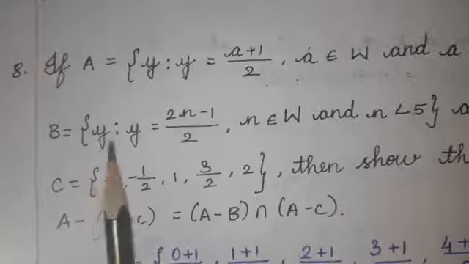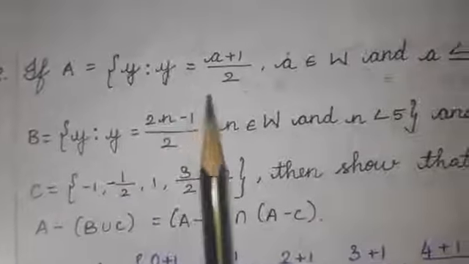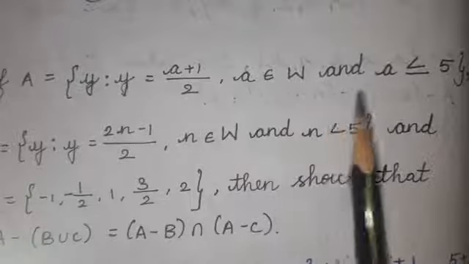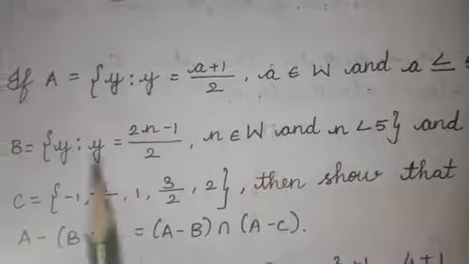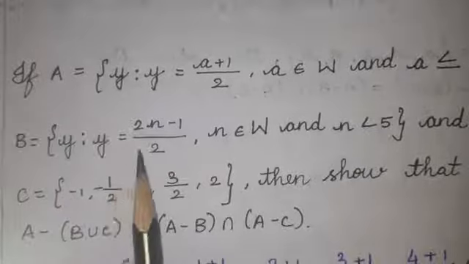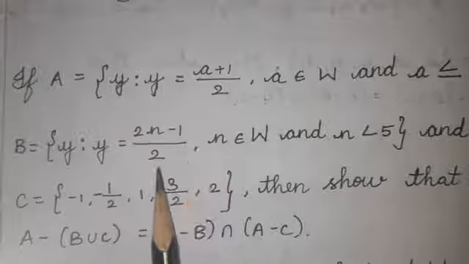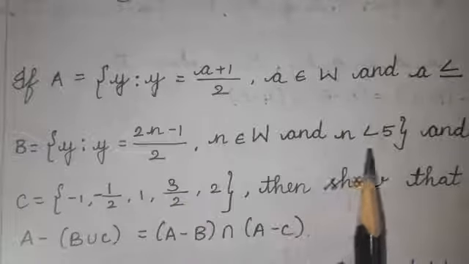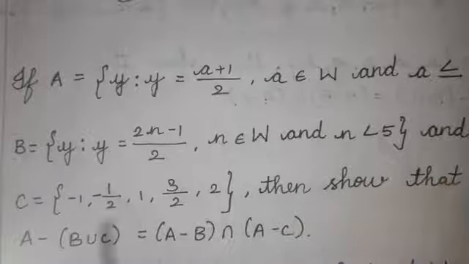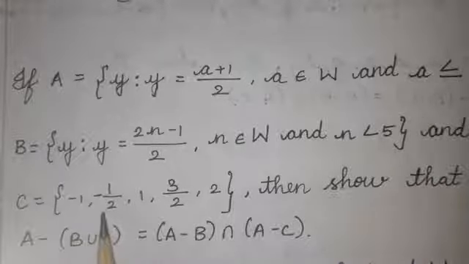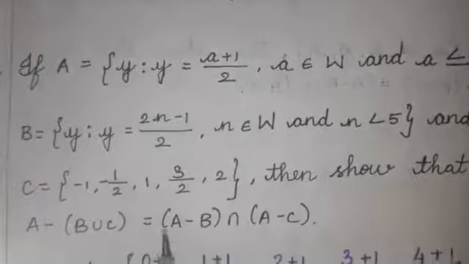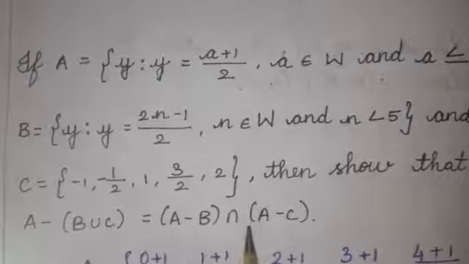If A = {y : y = (a+1)/2, a ∈ W, a ≤ 5}, B = {y : y = (2n−1)/2, n ∈ W and n < 5}, and C = {−1/2, 1, 3/2, 2}, then show that A − (B ∪ C) = (A − B) ∩ (A − C).